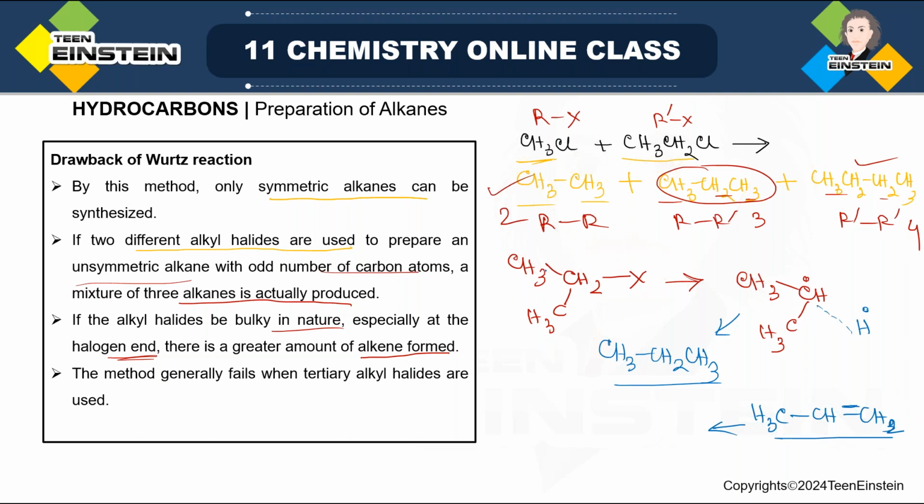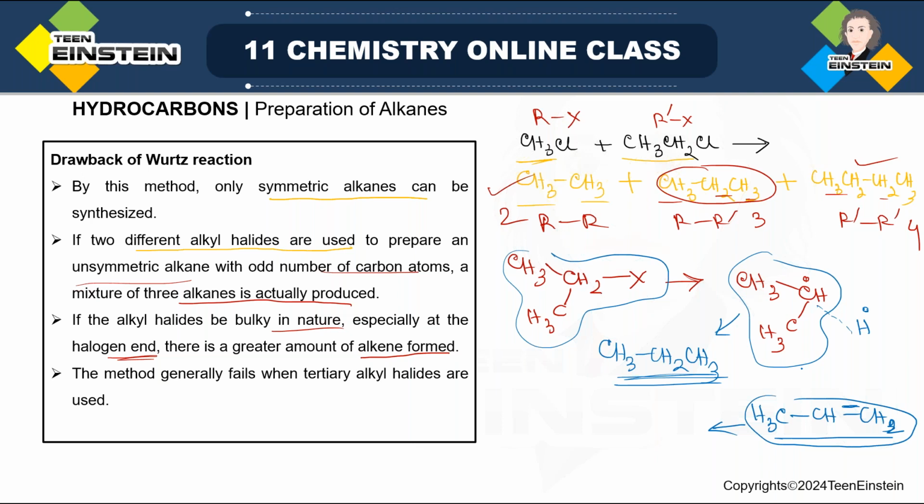But here, starting from this, you are getting this type of alkane, which is not the alkane that we normally get from Wurtz. It is a different type of alkane. And another product you are getting is alkene. That is because of the disproportionation of this R dot. After this, we are getting two different products. So this is a problem we face if we take alkyl halides with bulky nature, especially at the halogen end.